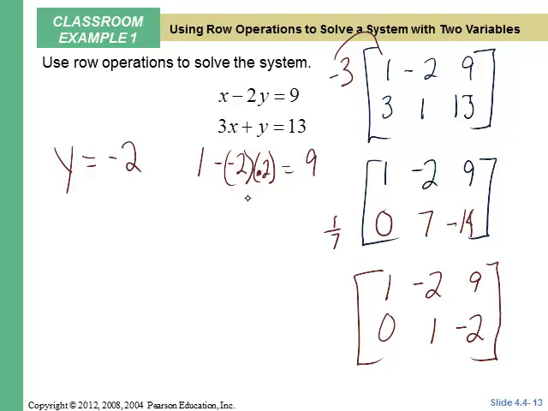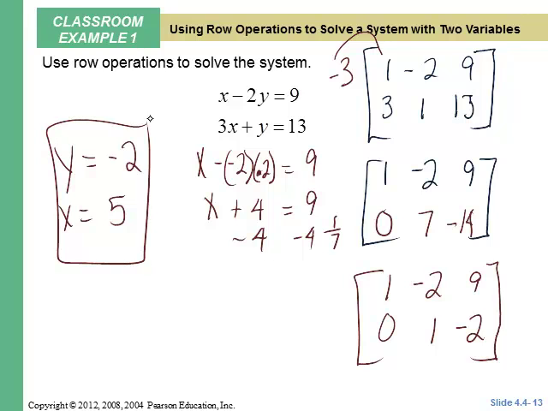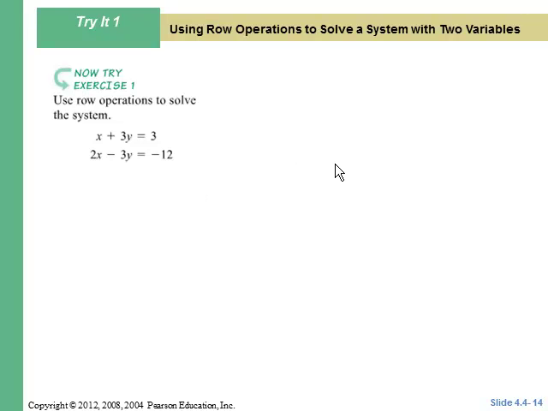Negative, negative makes positive, so 1 plus x, this is supposed to be x. X plus 4 is 9. Subtract 4 from each side. X is 5. So our solution is negative 2, 5. You do this one.